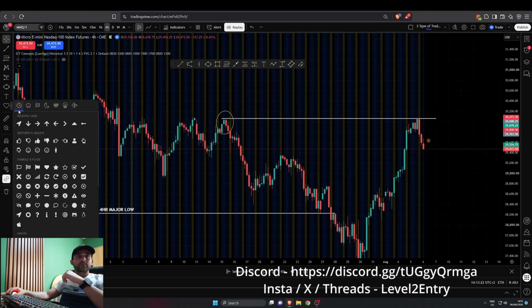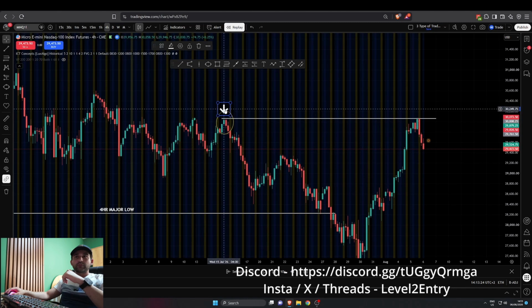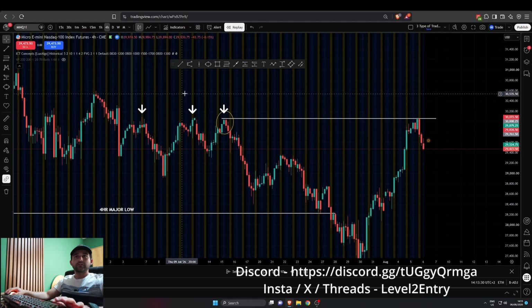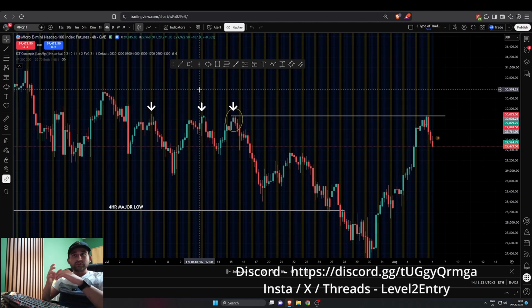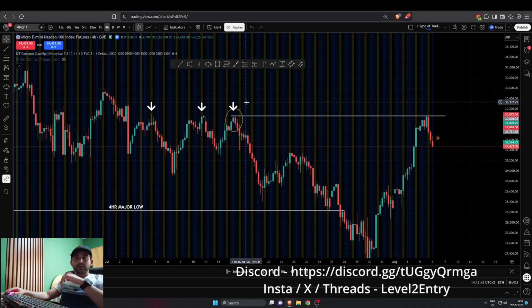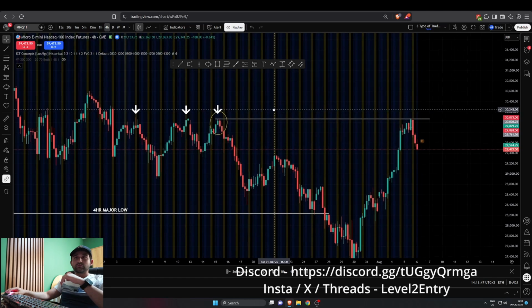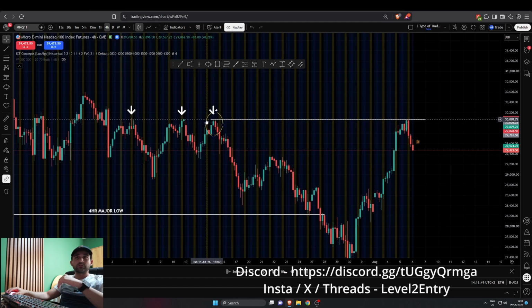Because right here, and right here, if you notice a little bit, that is like a triple top. So of course above those tops there will be liquidity to be grabbed. That's why I have decided to mark this key liquidity point here.